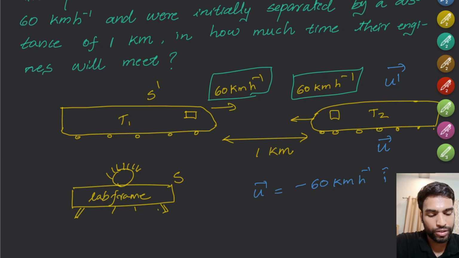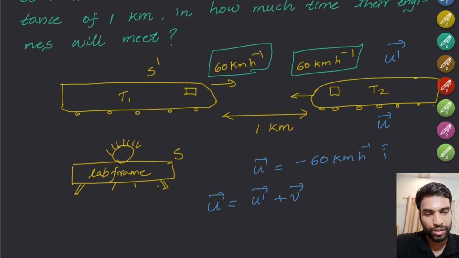we know the Galilean transformation, u equal to u dash plus v, where u is the speed measured in S frame, u dash is the speed measured in S dash frame, which we don't know, and v is the relative speed or relative velocity between S and S dash frame.